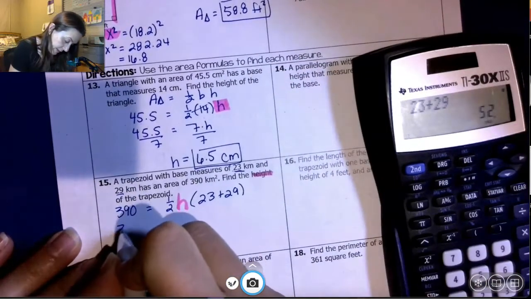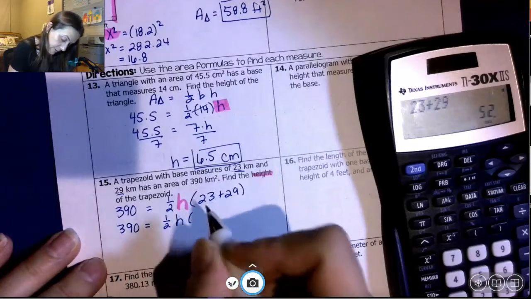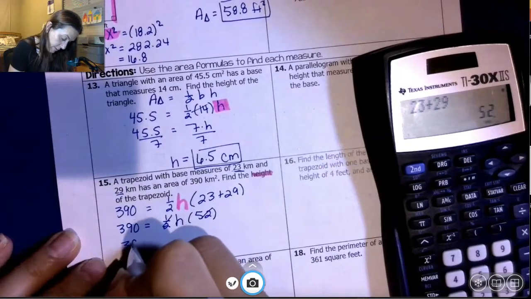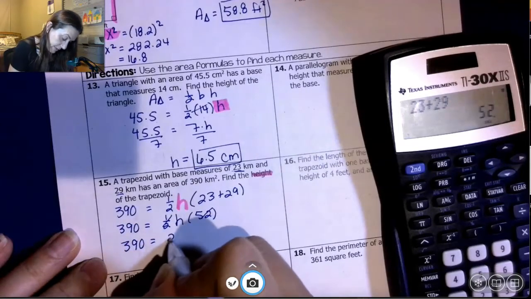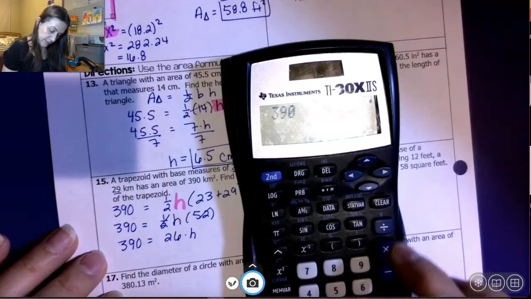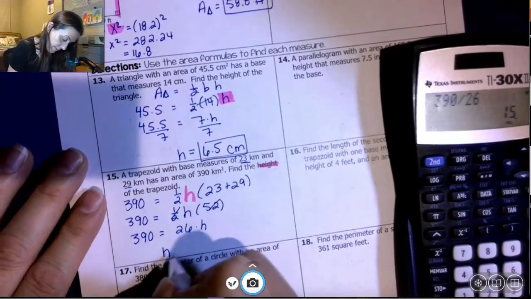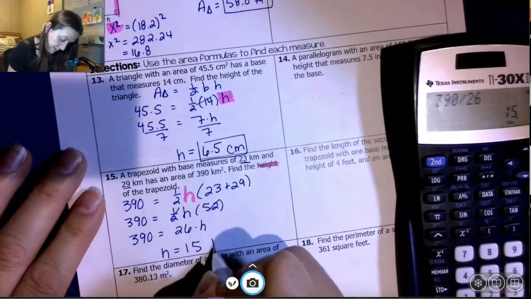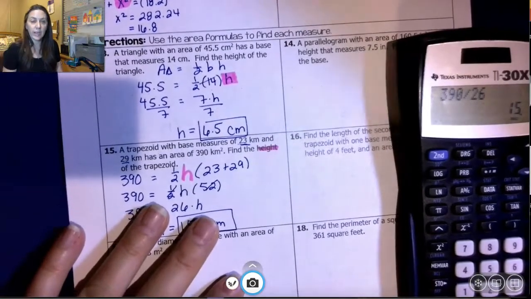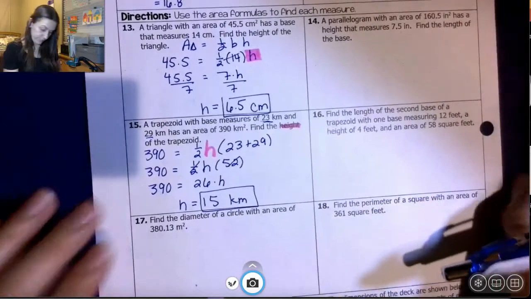I end up with 390 equals 1/2 h, 23 plus 29 is 52. I take half of 52 and get 390 equals 26 times h. Take 390, divide by 26. I end up with the height here equals 15 kilometers. Again, pause, work ahead, set it up. You need to set up the equation and then be able to work it out.